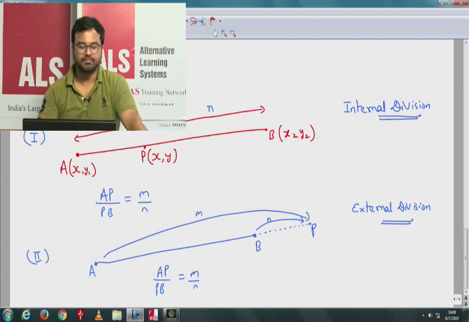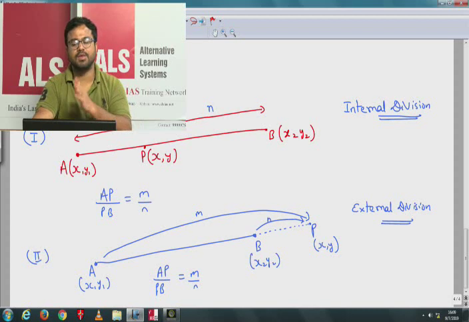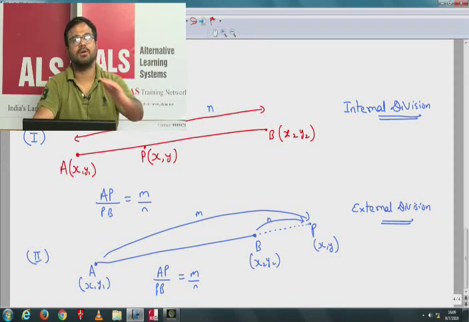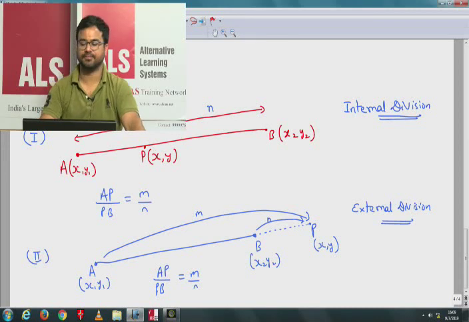Again, same story over here: the coordinates of A are x1, y1, coordinates of B are x2, y2, and coordinates of P are x, y. Now, what is the relationship between the coordinates of A, B, P and the ratio M and N? That we will discuss in the section formula, both the internal division and the external division.